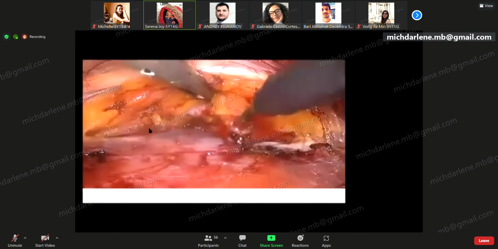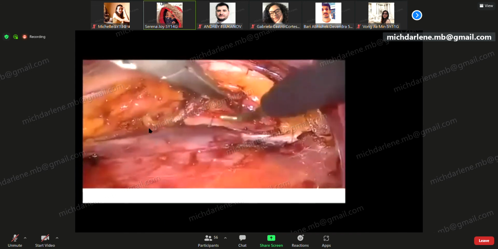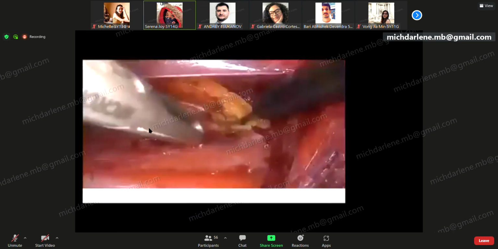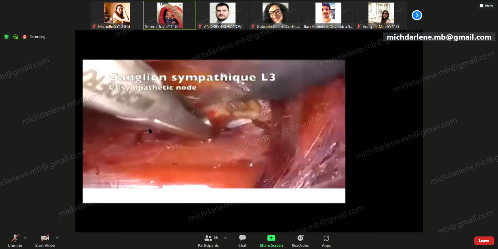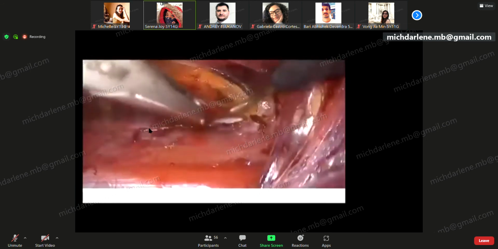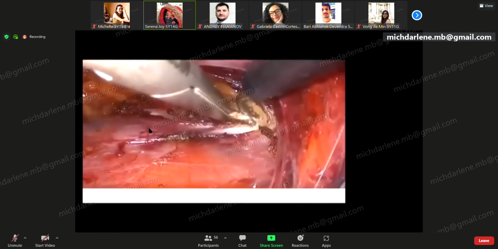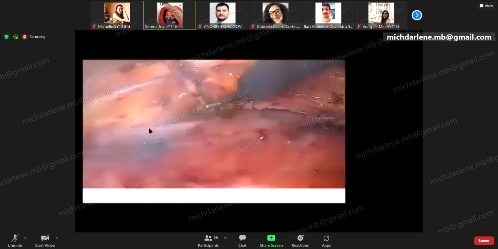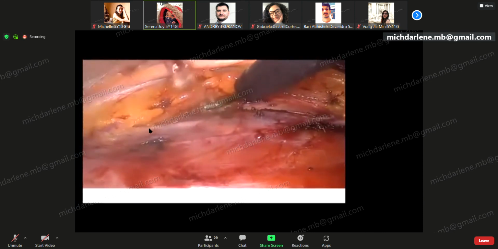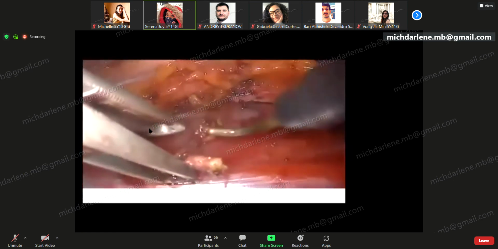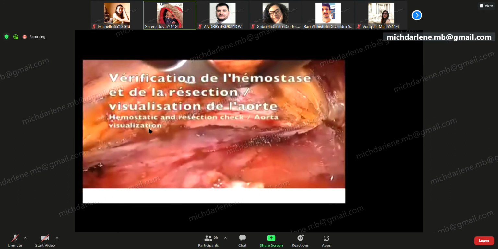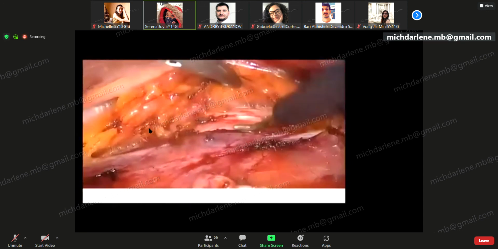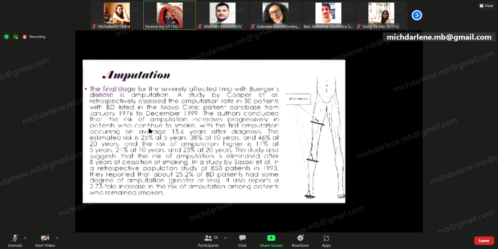And here you see the sympathetic trunk. Usually this operation has temporary effects, and it's a palliative operation.